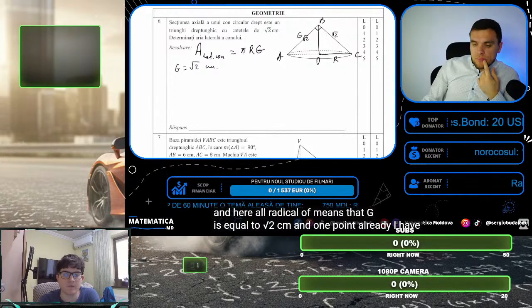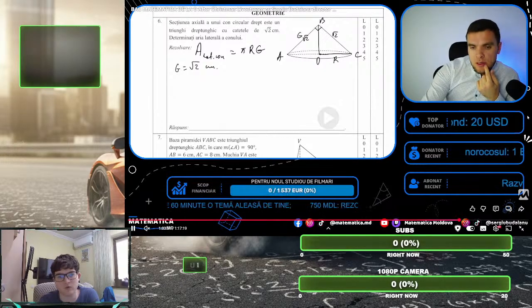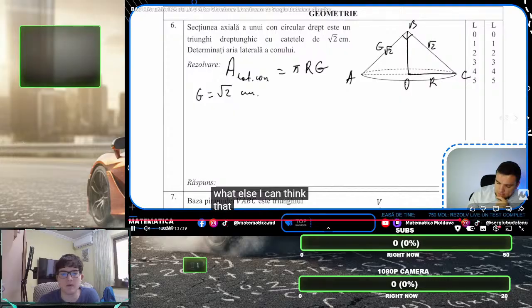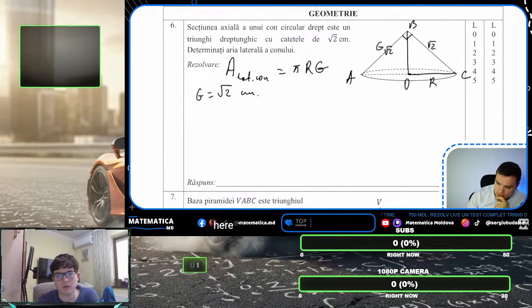And based on that, somehow the diameter will be 2, I guess, because square root of 2 times square root of 2. I don't really know exactly. We're going to find out.